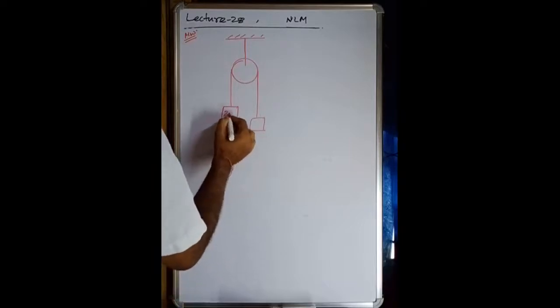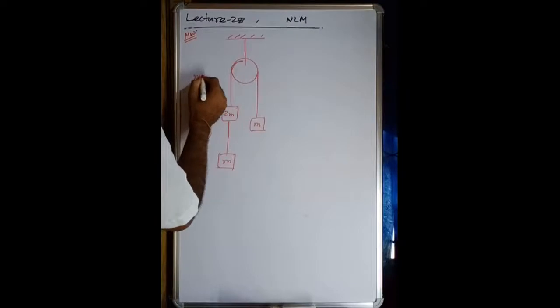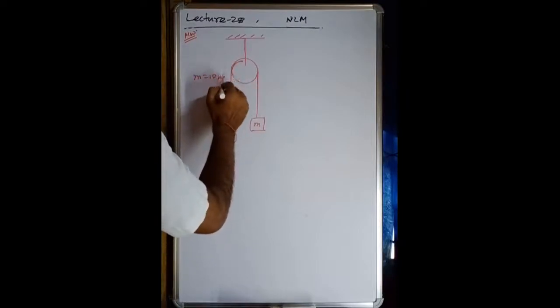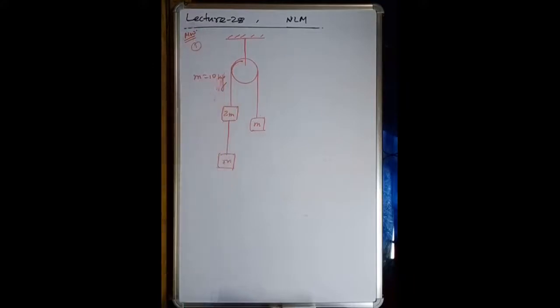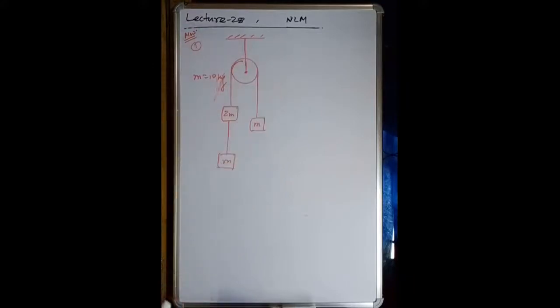M, 2m, m. If m is 10 kg, for the first homework, you have to find the force on the ceiling, acceleration of the system, and tension in each string.